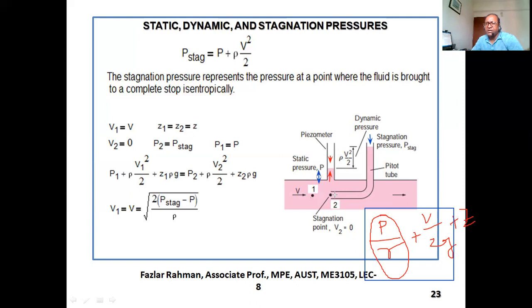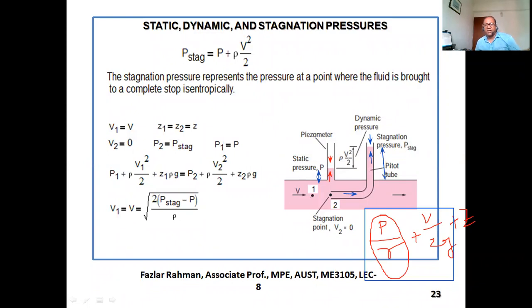That converted pressure energy adds to the static pressure P by gamma, and it increases the pressure more. So through this pitot tube, the fluid tries to move upward due to the pressure. But this pressure is extremely high, higher than the atmospheric pressure. That's why the fluid moves upward this much height.